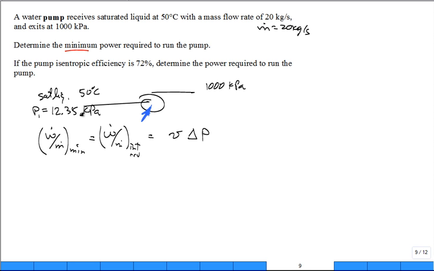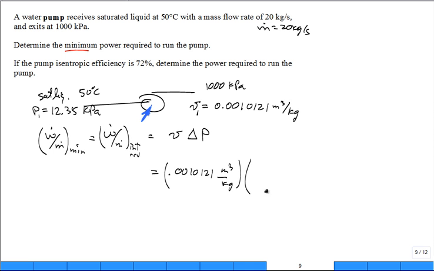How about the specific volume of the fluid, V? Well, it's saturated liquid, so I'll look that up: 0.001021 meters cubed per kilogram. So the answer is 0.001021 meters cubed per kilogram for the specific volume.